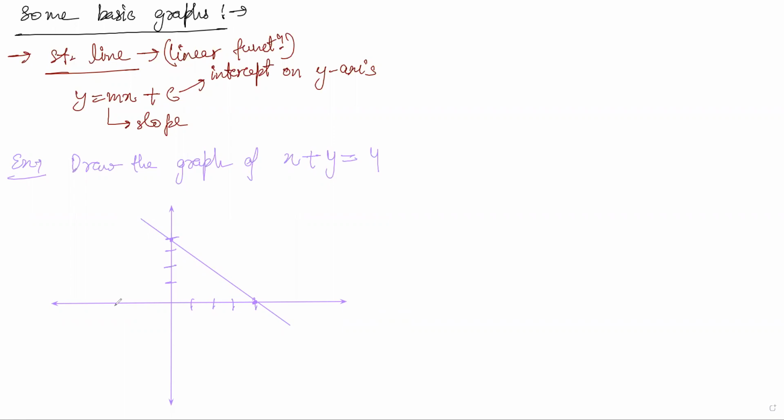Whenever you encounter a linear function, remember the graph will always be a straight line and you just need to find out 2 points. This is the easiest graph. You should also write these points. This is (4, 0) and this is (0, 4).